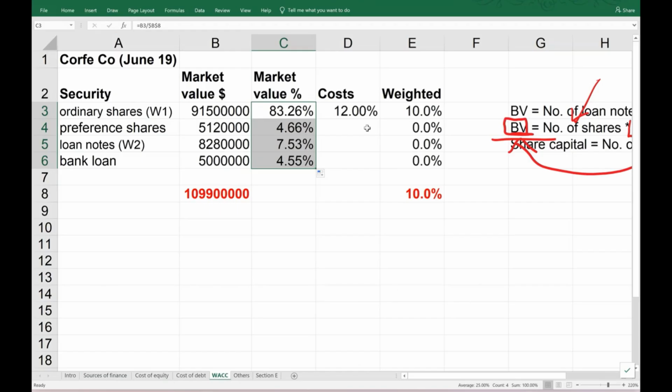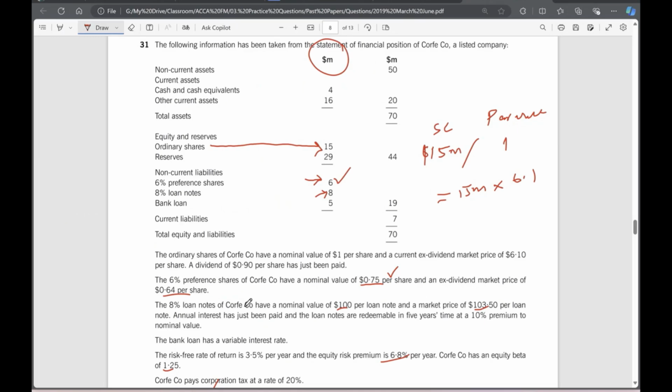Cost of equity we find, cost of preference shares. What is your answer? Kp. So the formula is D naught over P naught, dividend of the current year over market value. So 6% is the dividend rate. Par value is 0.75. Don't make a mistake. D naught is the dollar amount.